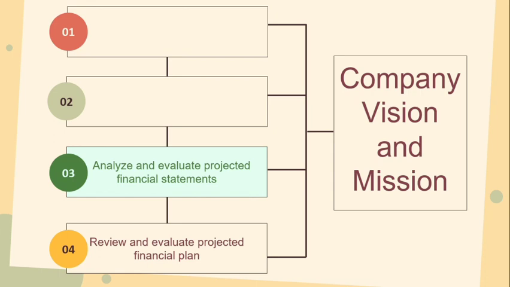So we already discussed and learned about that pag prelim. Then after analyzing and evaluating our projected FS, it will be reviewed and evaluated. So our projected financial plan will be reviewed and evaluated if niayon ba sa atong goals, if they coincide with our company vision and mission and overall goals.